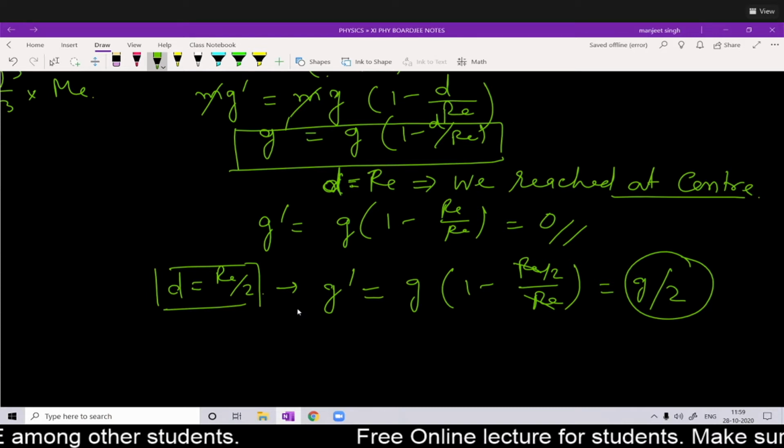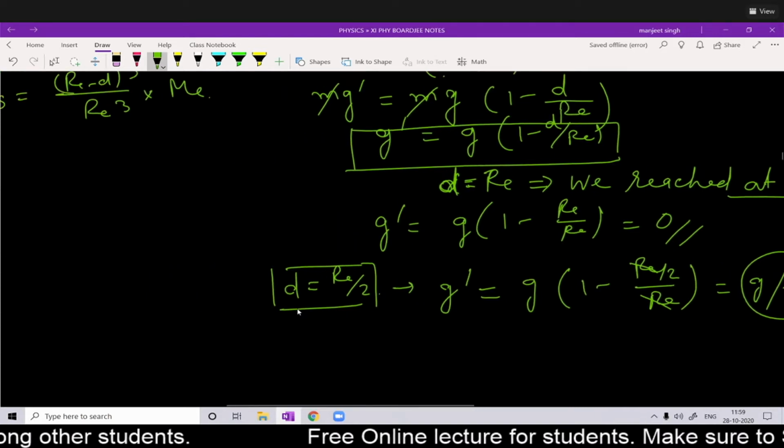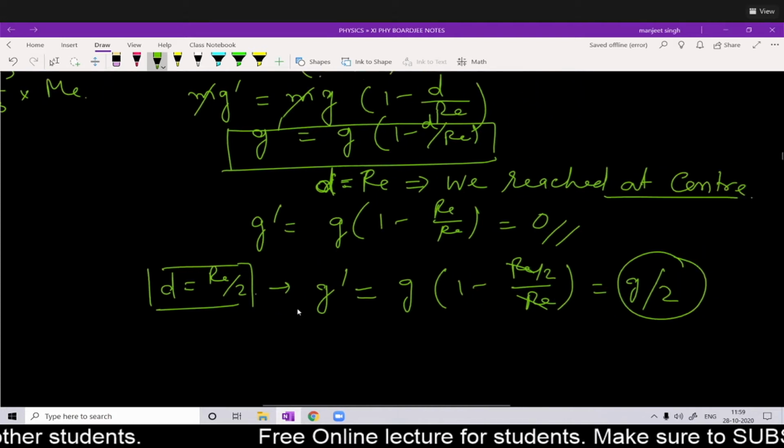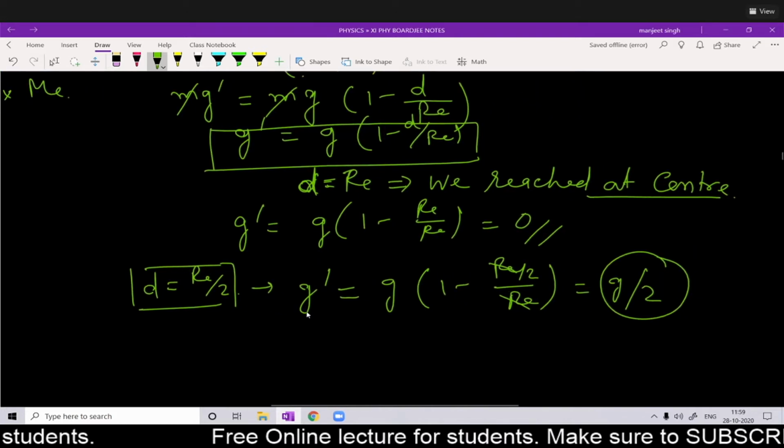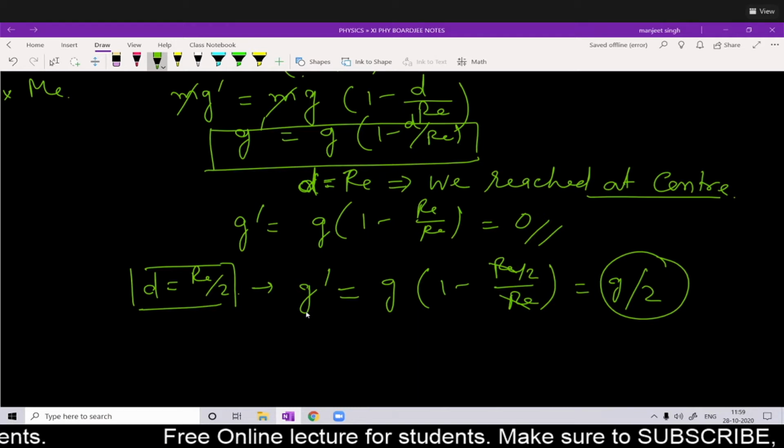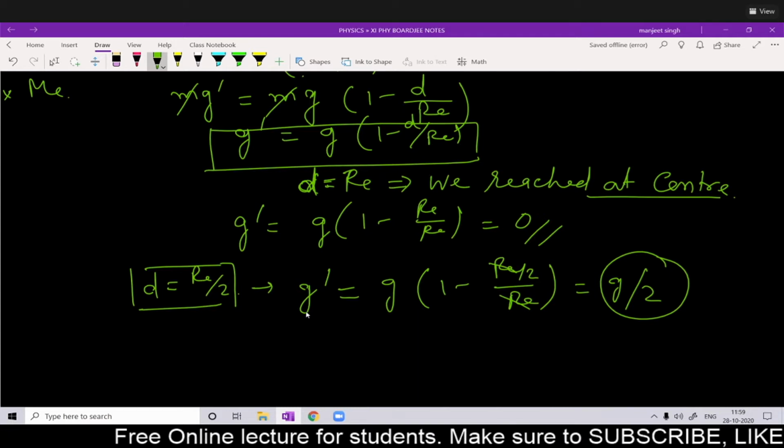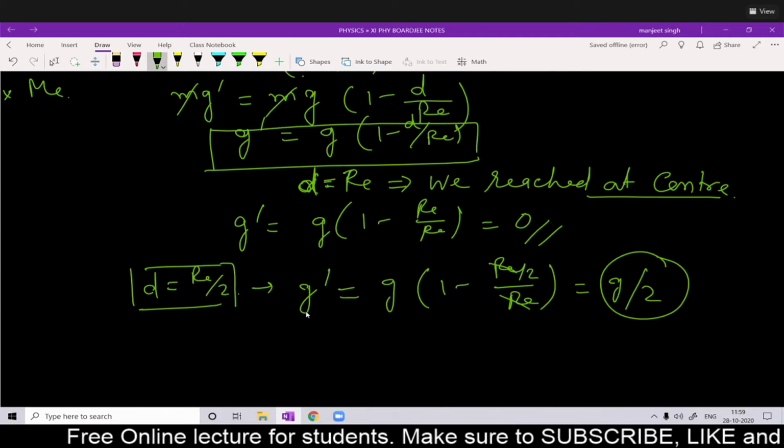Now we have seen how g varies when we go above the surface of Earth, g decreases, and we also have seen how g varies when we go down inside the earth.